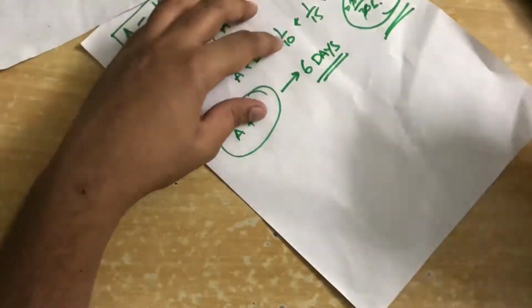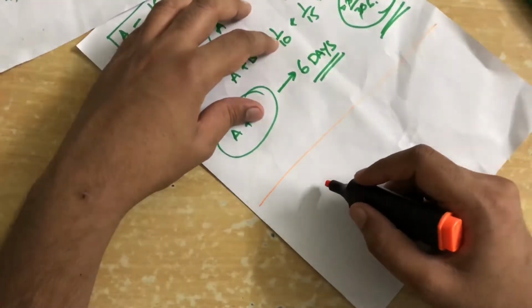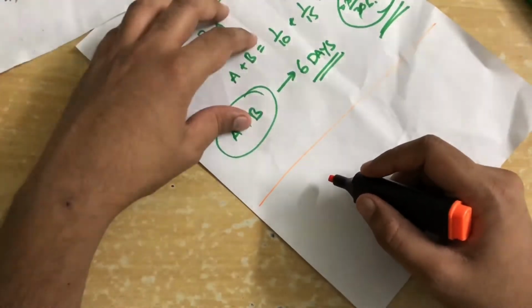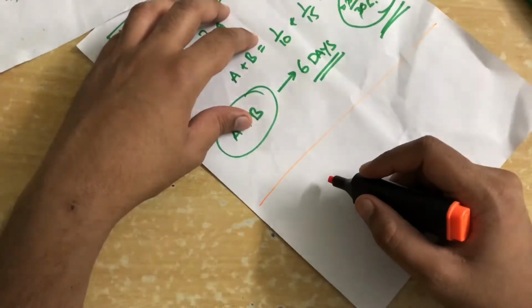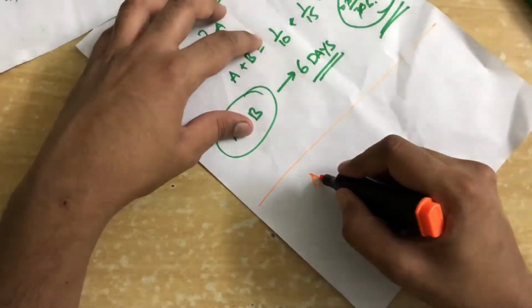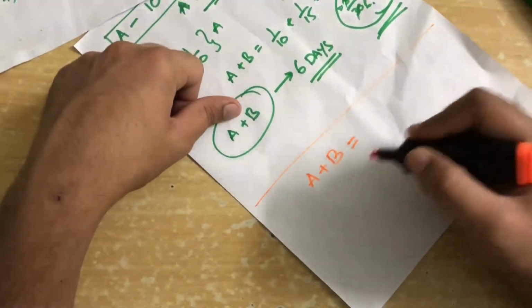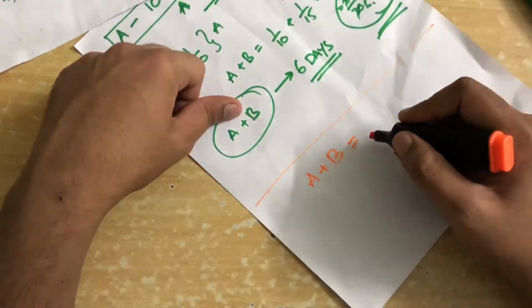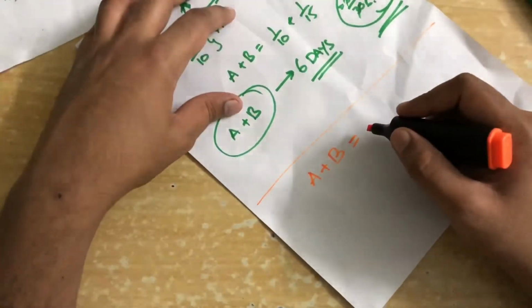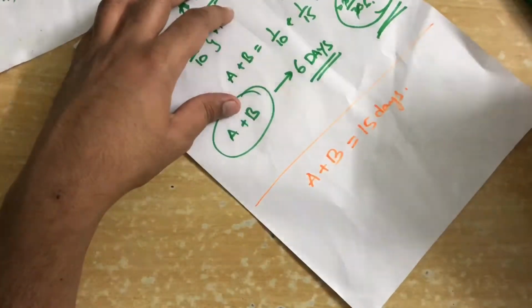I will give you another basic problem, something like this. It is basically a spin-off. So this question says A and B can complete a piece of work in 15 days.